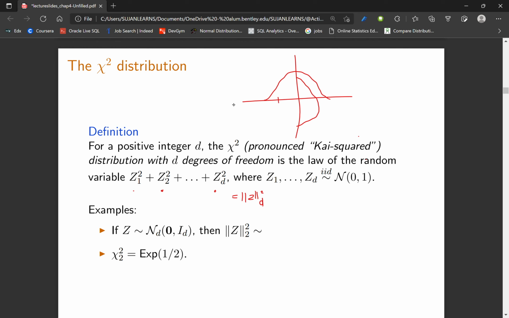We have these two values that derive from the first and second Gaussian distributions, and let these be x and y. This x and y form a two-dimensional Gaussian vector.